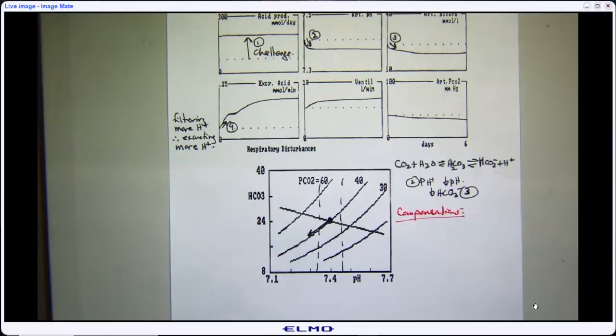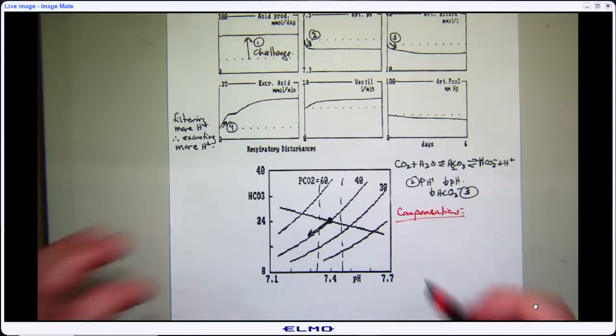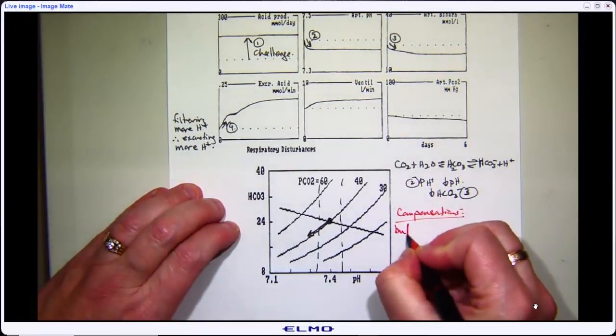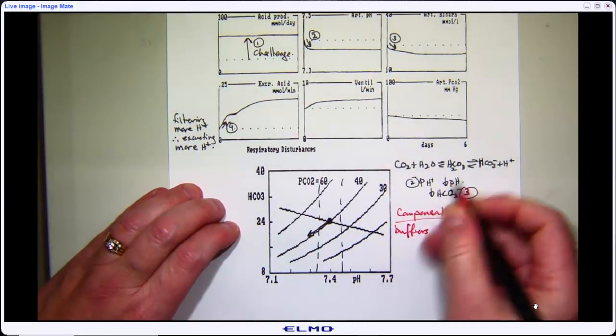So all 3 compensations. So where do we start? With our first compensation. Do it in terms of time. What do we do first? Buffers. Cool.